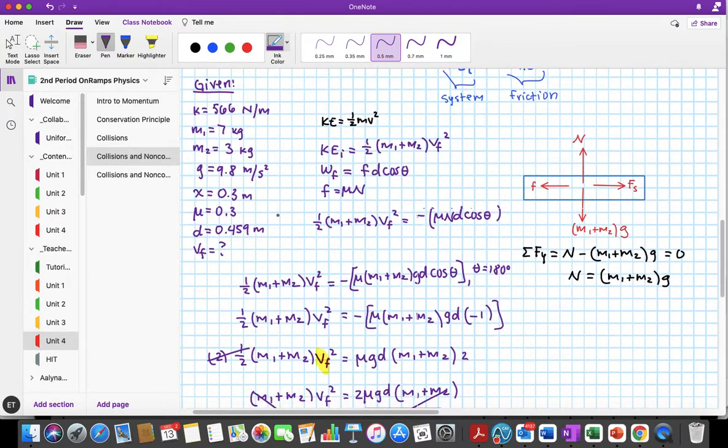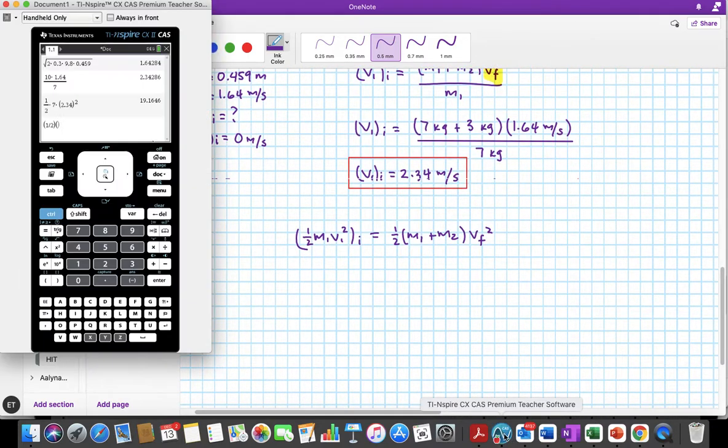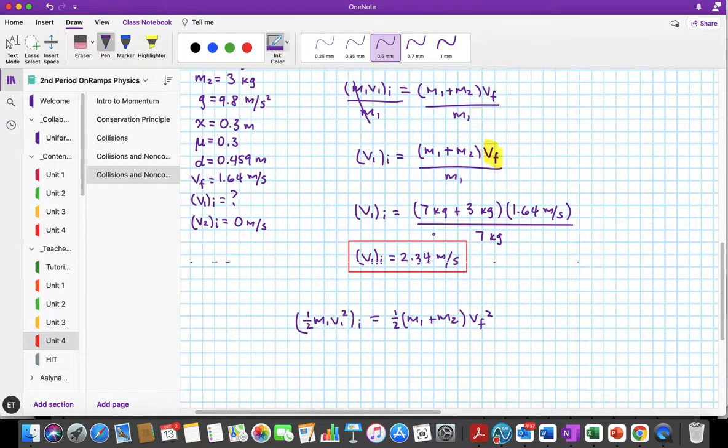So let's see, this has to be less than 19.16. So that'll be 10, right? 7 plus 3 times 1.64 squared. Boom. 13.13. So this is, as a matter of fact, an inelastic collision, as the internal kinetic energy of the system was not conserved. So there you go.